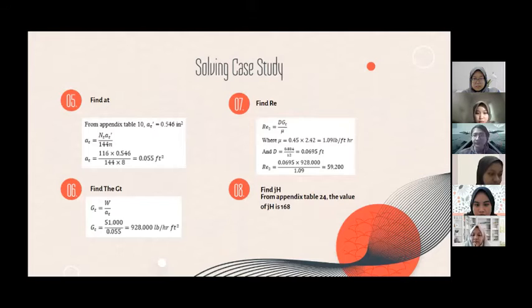And the seventh step is to find the Reynolds number, where we can see the viscosity value of 1.06 lb per feet hour and the diameter is 0.0695 feet. So we get the Reynolds number of 59,200. The eighth step is to find jH. From appendix table 24, we get the value of jH equal to 168.